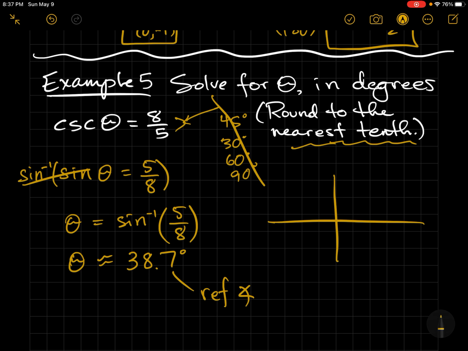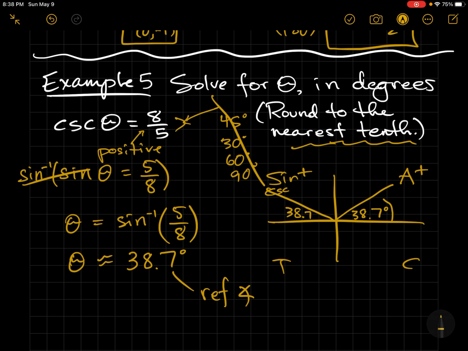Now, I still have to say, where is cosecant positive? All students take calculus. Well, cosecant is the reciprocal of the sine, so it's going to be positive here and, of course, positive here. So I'm going to put a 38.7 degree reference angle in both of these quadrants.